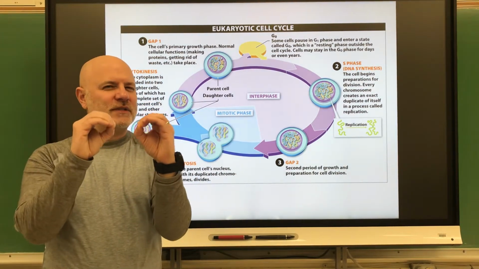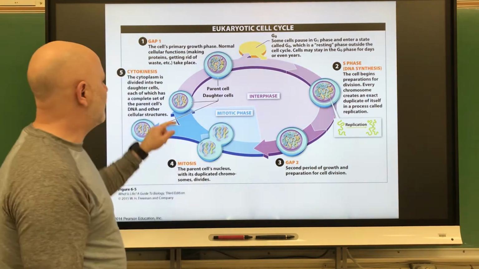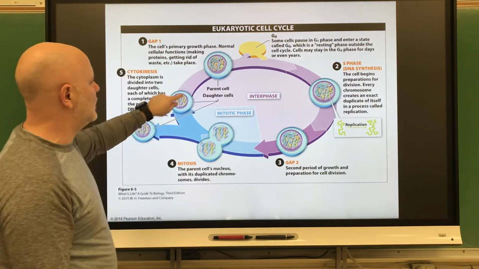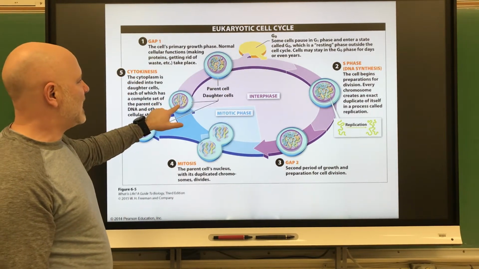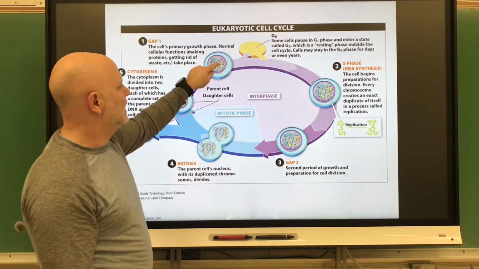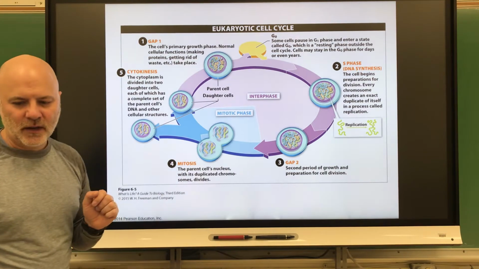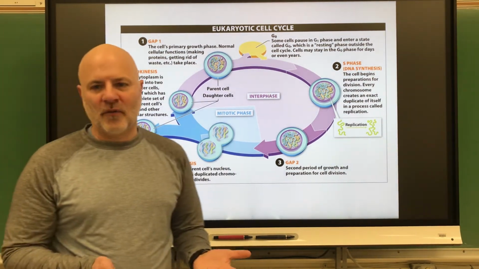Once again, those two cells are smaller than the original cell was. The first stage is called the G1 phase. In the G1 phase, most cell growth occurs. You can see we have the smaller cell and it gets larger there. Here the cell is going to increase in size and also in its number of organelles.